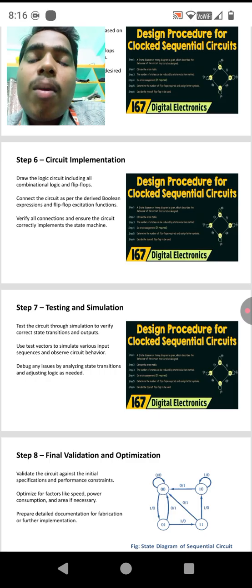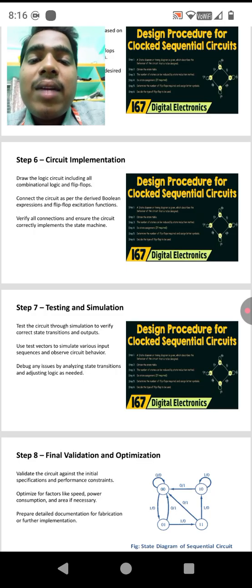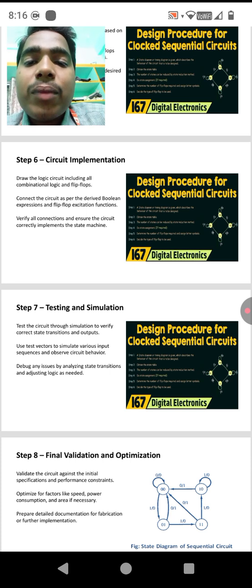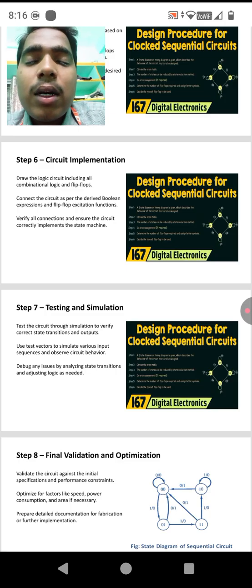For the circuit implementation, draw the logic circuit including all combinational logic and flip-flops. Connect the circuit as per the derived Boolean expressions and flip-flop excitation functions.